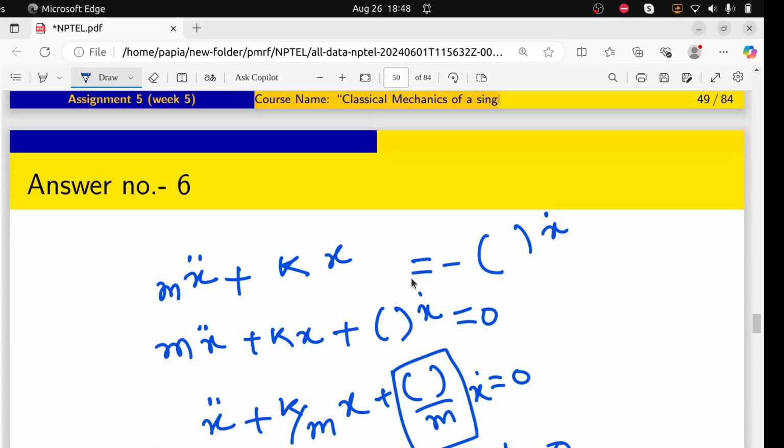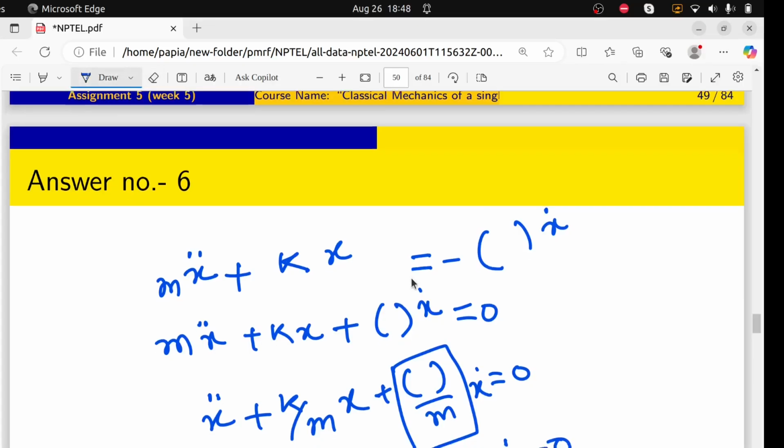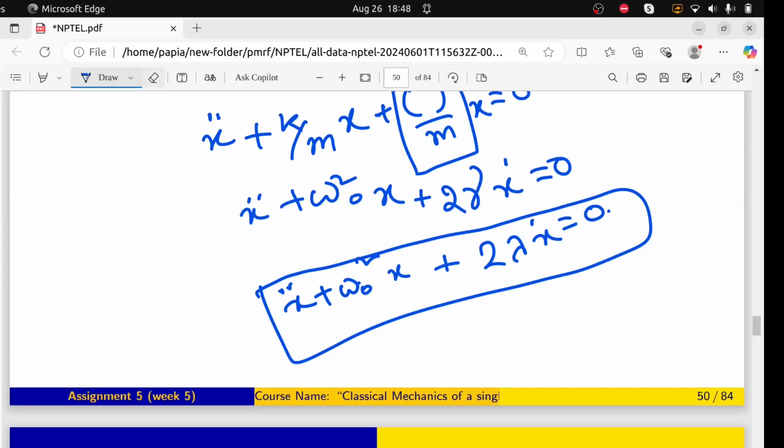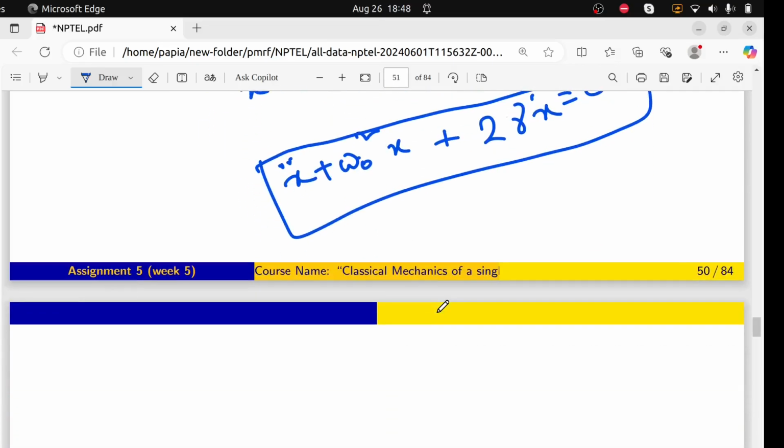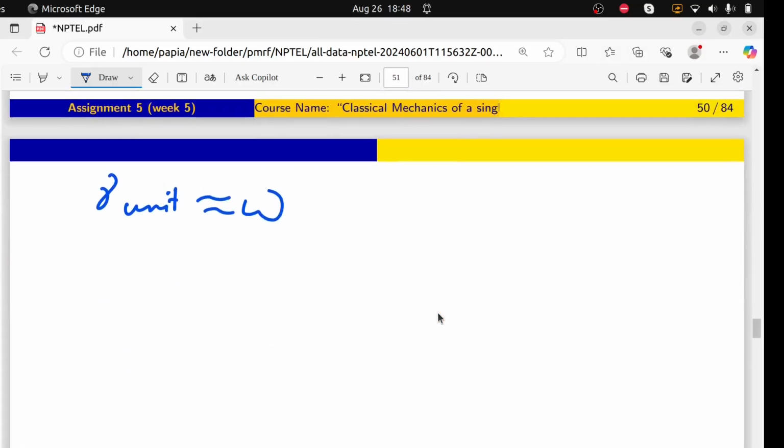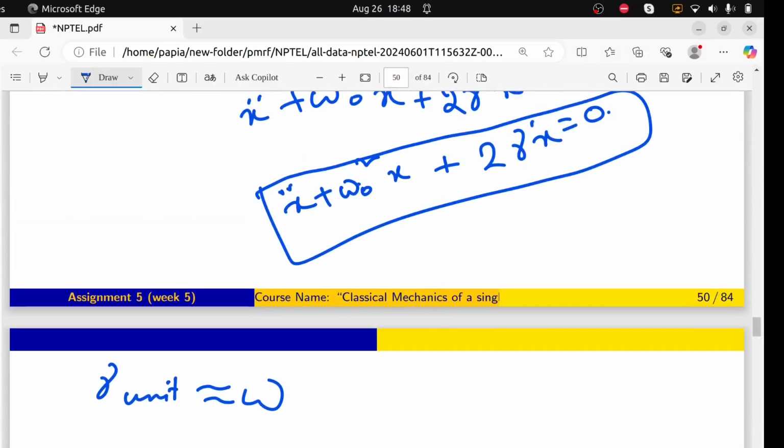This is just a constant, so it does not matter what you write as the constant. But the main important thing is that it should be a function of x dot. And gamma also has the unit of omega, like frequency.